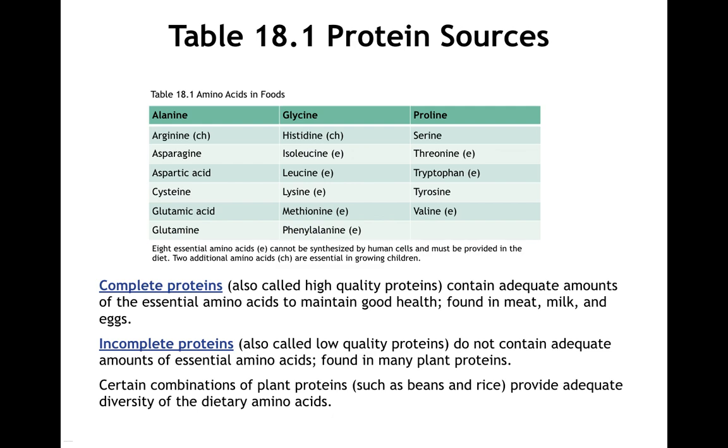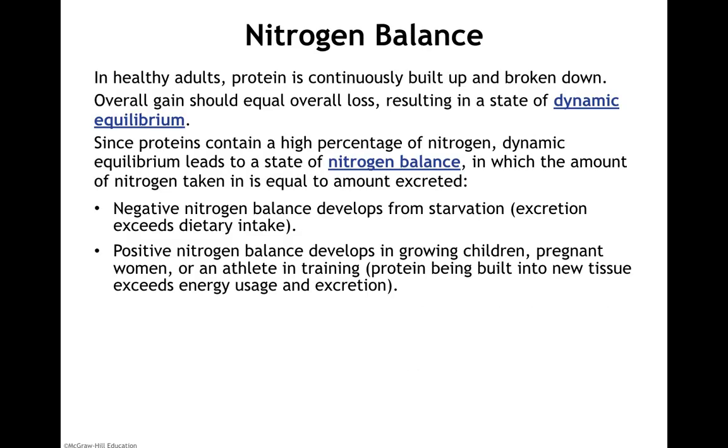A complete protein is one that contains adequate amounts of all of those amino acids, whereas incomplete proteins don't contain some of them, and that tends to be an issue with plant-based diets. There are certain combinations of plants that will help give an adequate supply. Beans and rice together is a good example, so that you don't lose out on any essential amino acids.